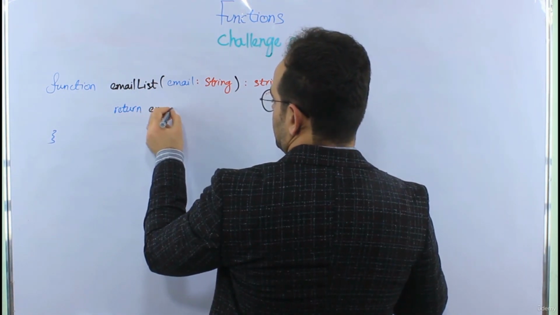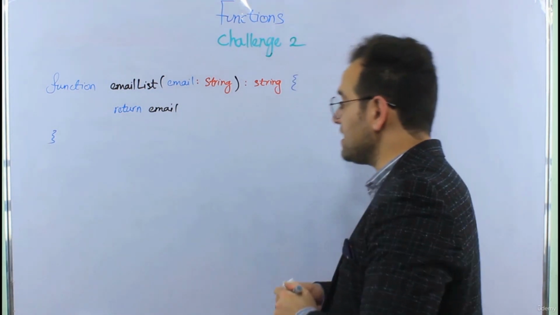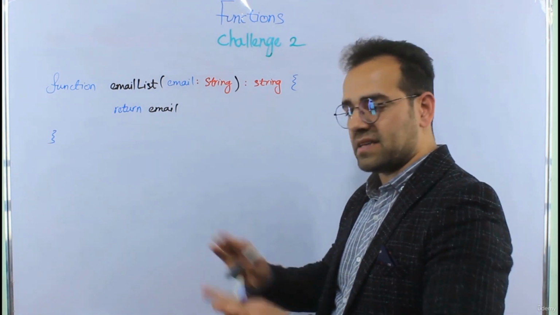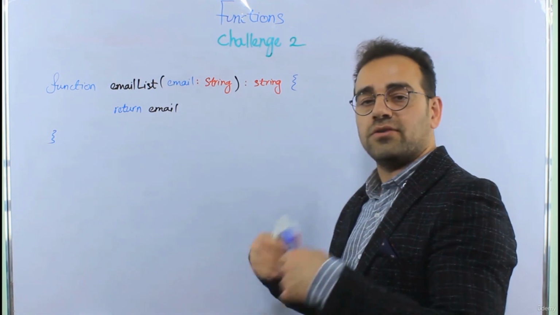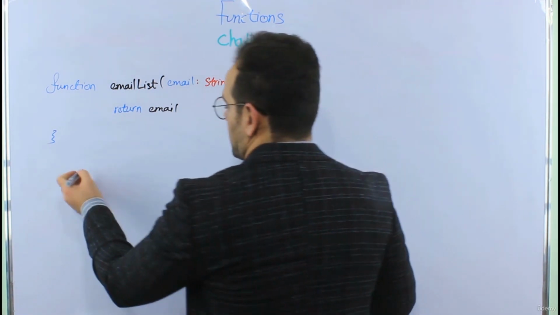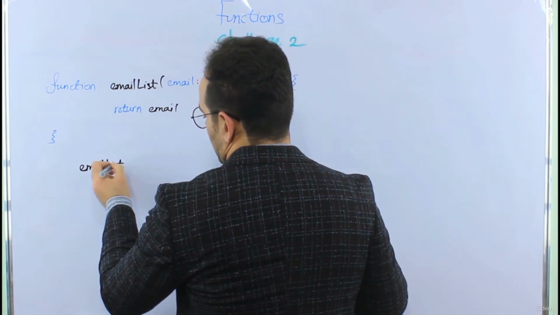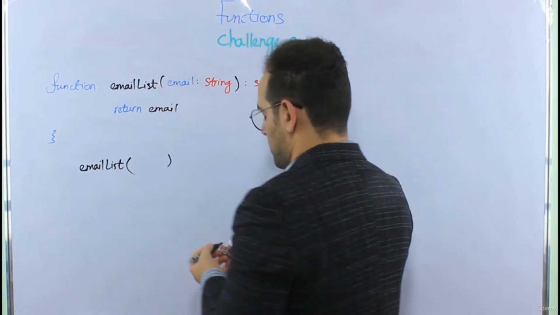That's it. Now, how are we going to simulate a type error for the return type? The return type is string. If you pass in anything else, any kind of data with any other type, that is going to simulate a type error for us. So I'm going to say emailList, and now I could just pass in something in here.